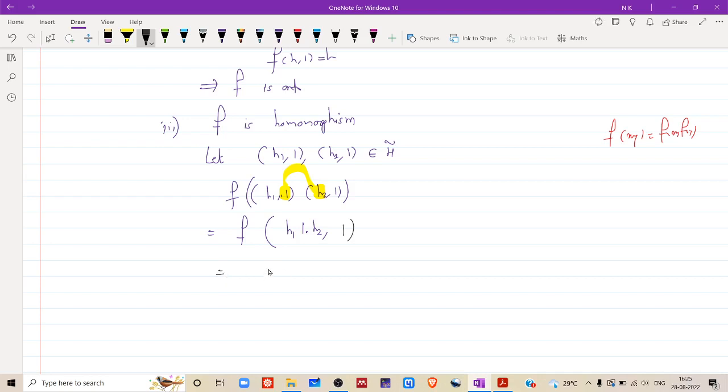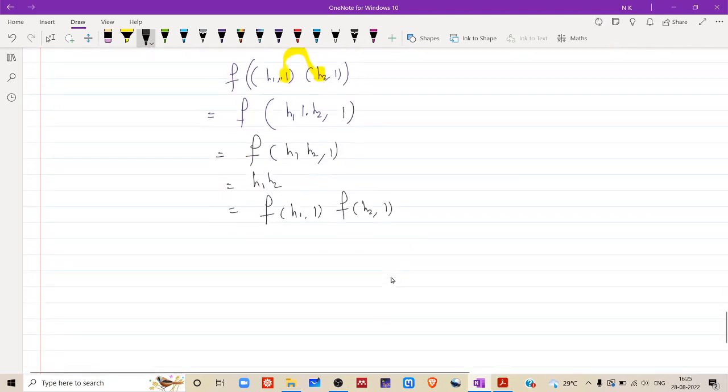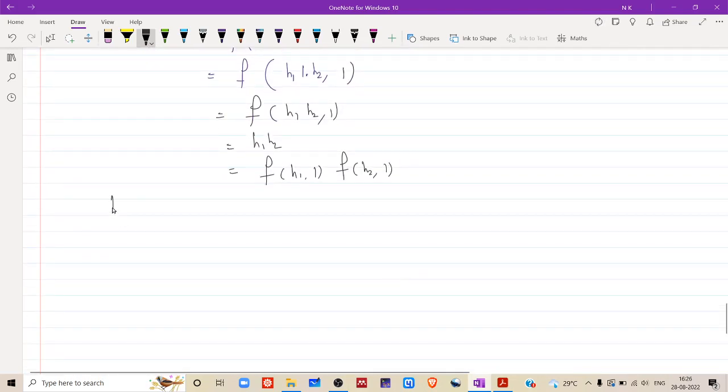So this is equal to f of (h1 h2, 1), but this is equal to h1 h2 according to the definition of f. But what is h1? h1 is f of (h1, 1), and what is h2? h2 is f of (h2, 1). So we established that f is well defined, one-one, onto and a homomorphism. So hence f is an isomorphism.